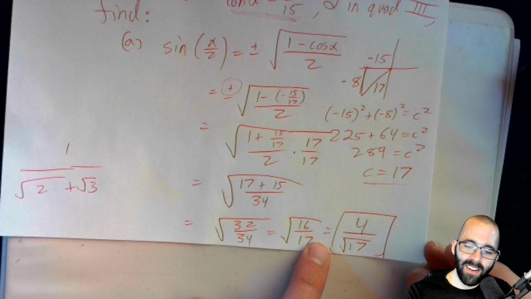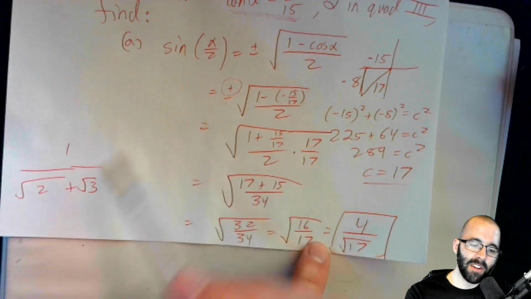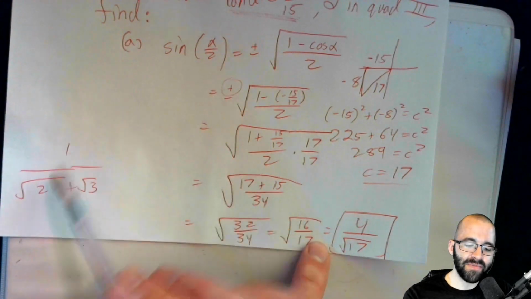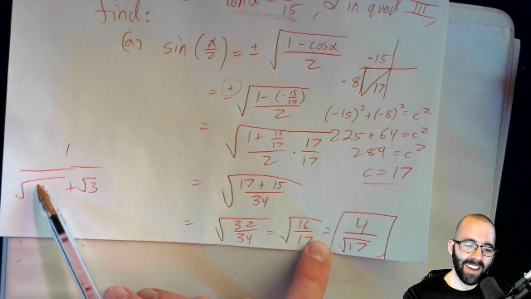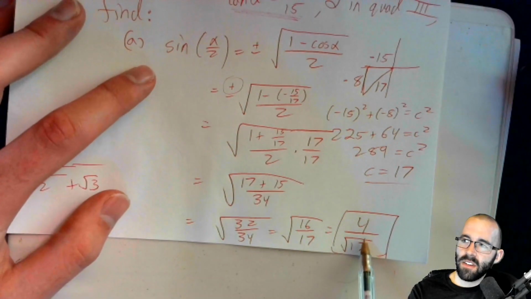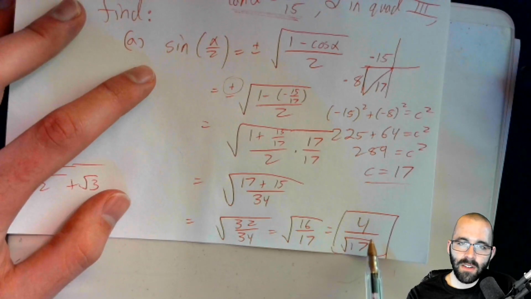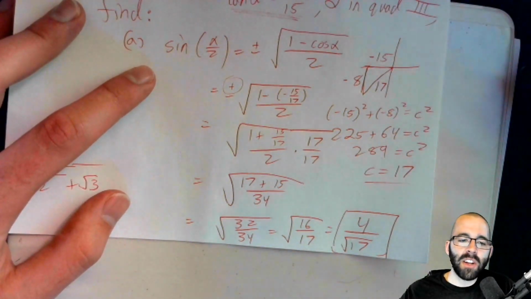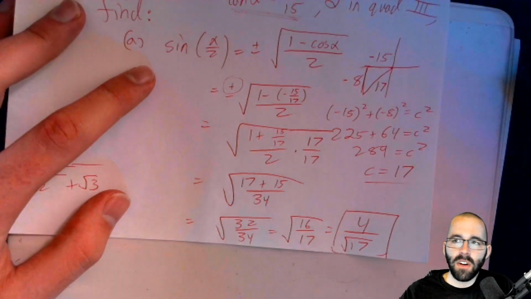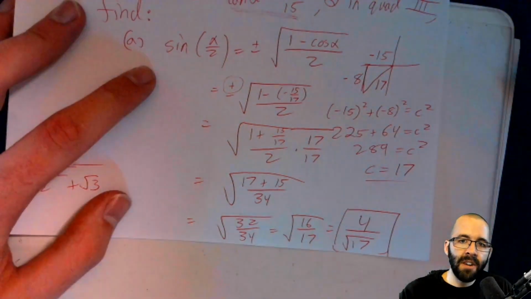So, it's a good idea for the upcoming problems to use the half angle formula. But remember that once we have sine of that half angle, we can actually find what cosine and tangent are as well. Okay? And specifically, we can find cosine by just drawing a triangle for alpha over 2 and just solving for the third side.